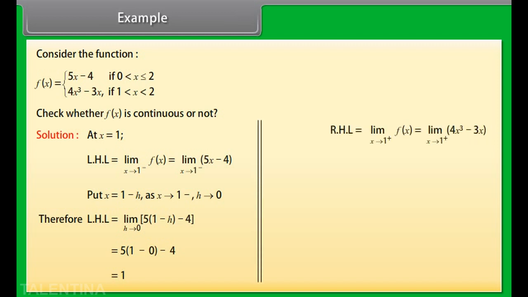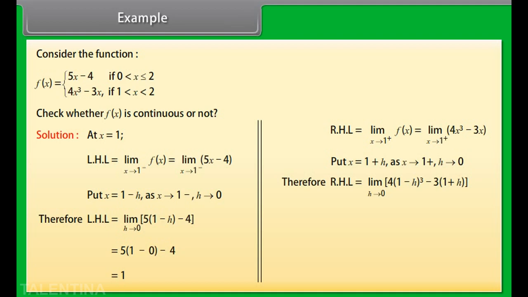Right-hand limit is equal to limit x approaches 1 plus f of x, which is equal to limit x approaches 1 plus 4x cube minus 3x. Put x equal to 1 plus h, as x approaches 1 plus, h approaches 0.